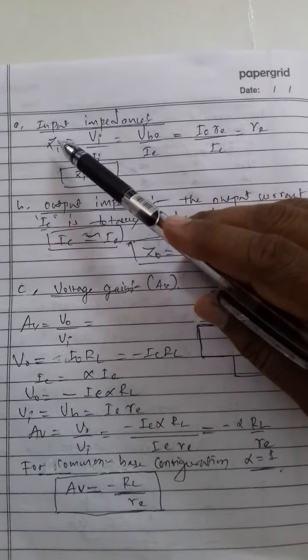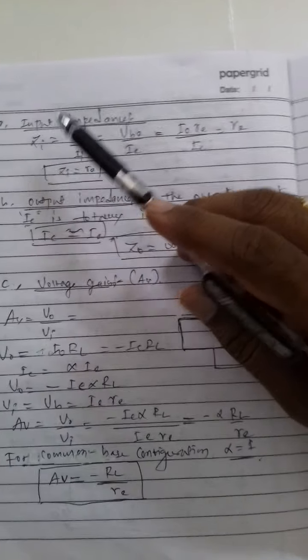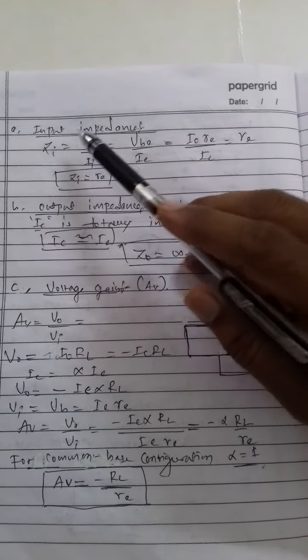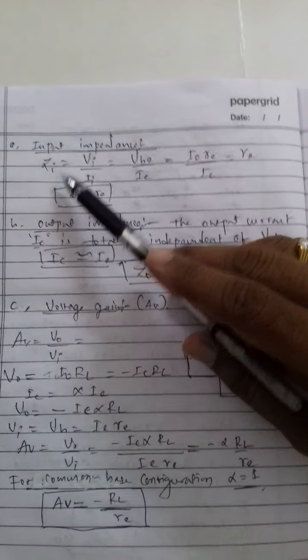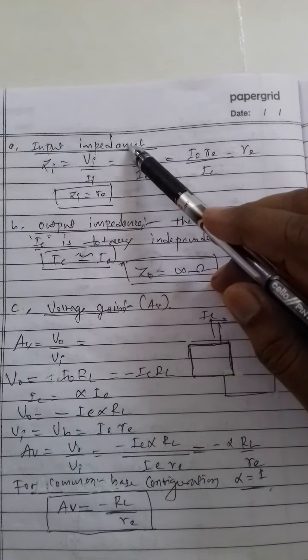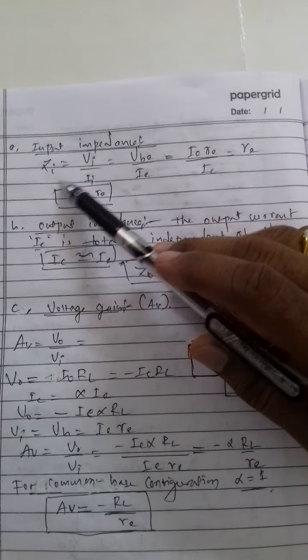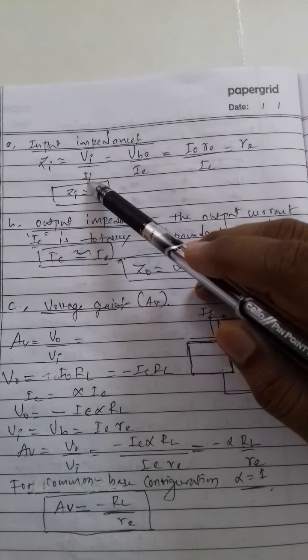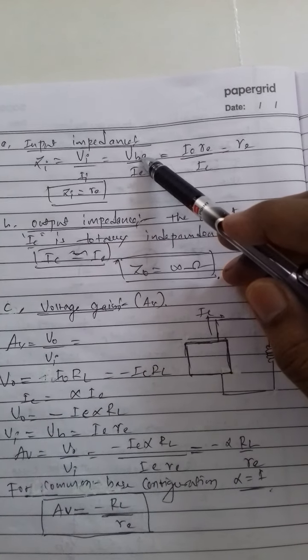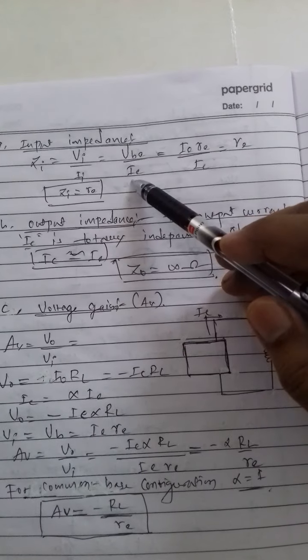Now the analysis of the re model of the common base configuration of transistors. The input impedance Zi is equal to Vi upon Ii. That is, the input voltage is VBE and the input current is IE.